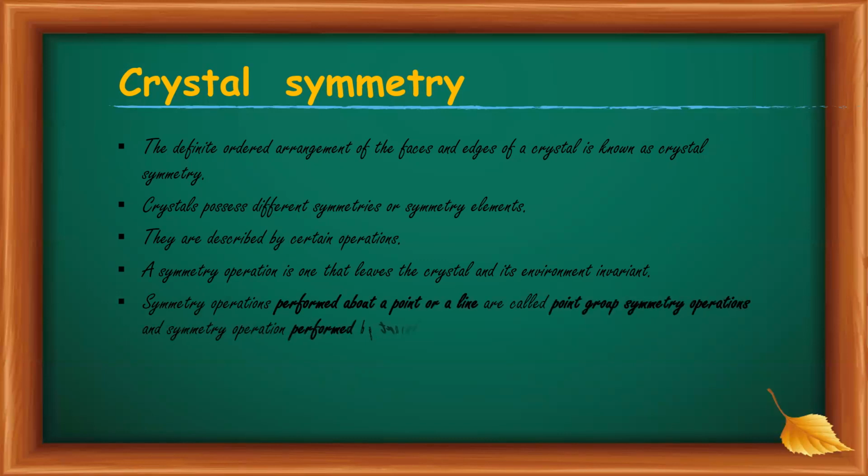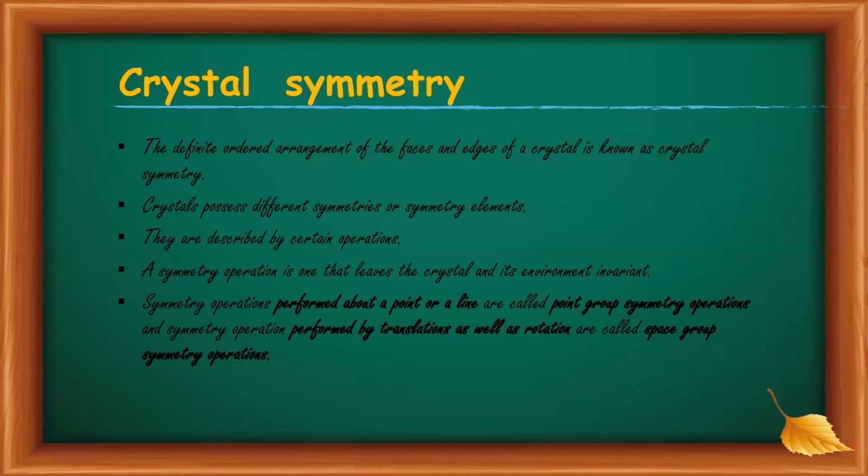The symmetry operation performed about a point or about a line is called point group symmetry operation, and the symmetry operation performed by translation as well as rotation are called space group symmetry operations.